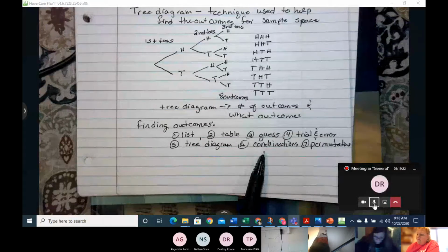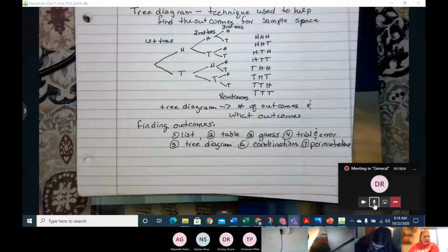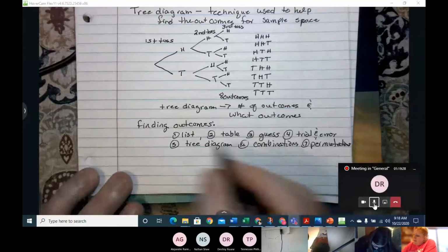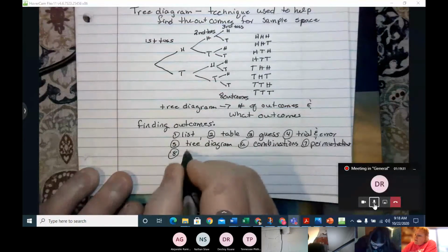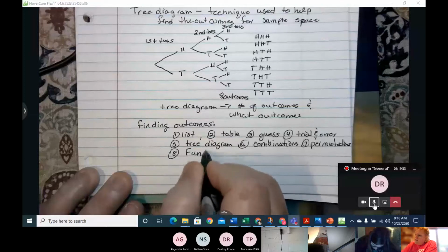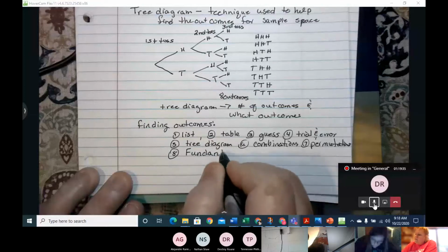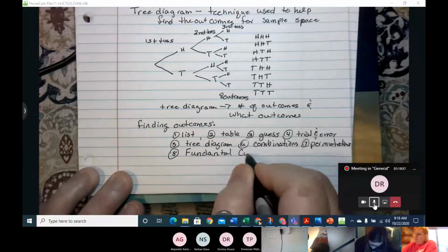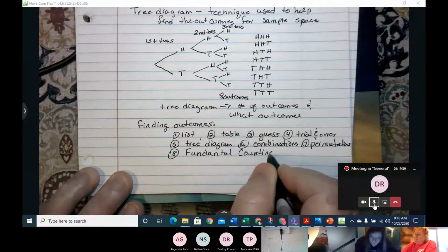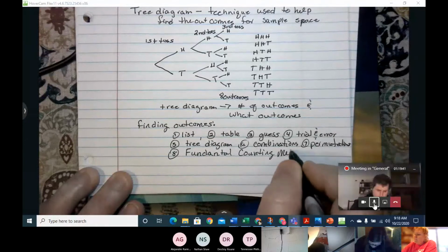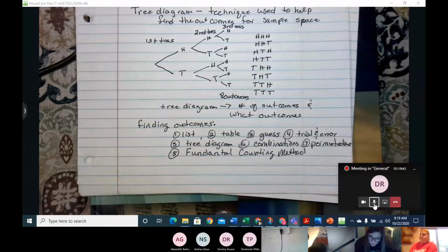And now we're going to look at doing combinations, and we're going to look at permutations. Another method is also called the fundamental counting method. So all of these are ways of finding the number of outcomes.